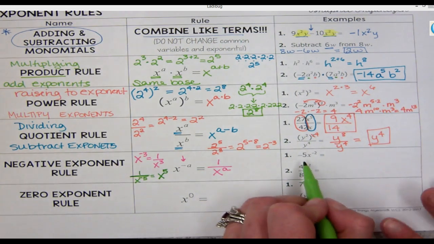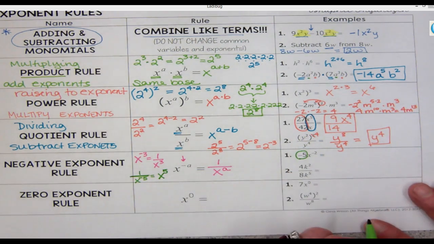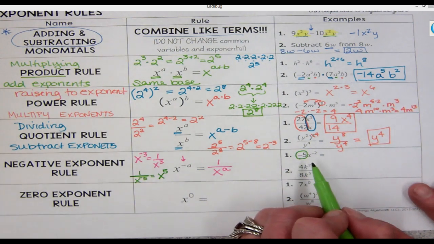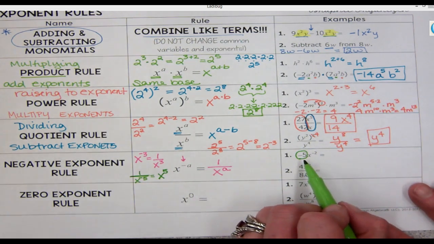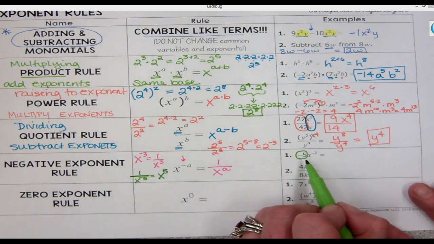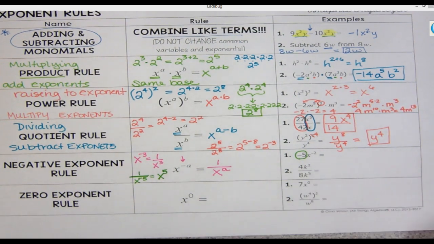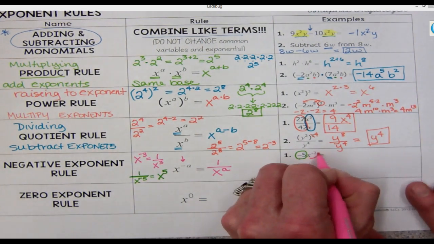So here, this negative 5 is just the same negative 5 as we've known since we were 5 years old, or probably in elementary, not 5 years old. That's a little too young. Same negative 5. We do not touch this negative. This is the same negative that we've known since we've been knowing negative numbers. It's the negative exponent that we're learning about.